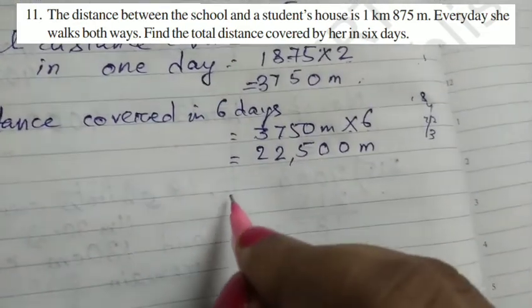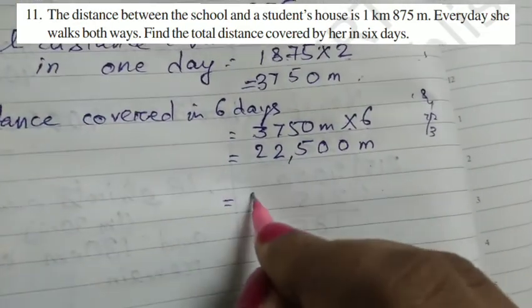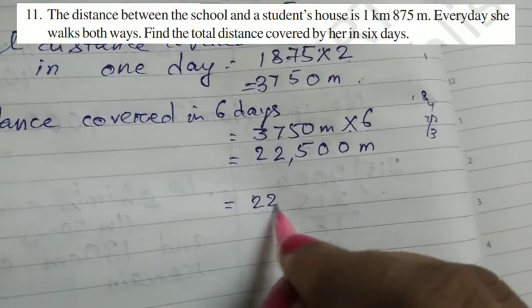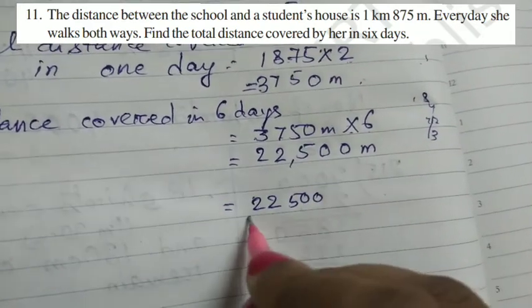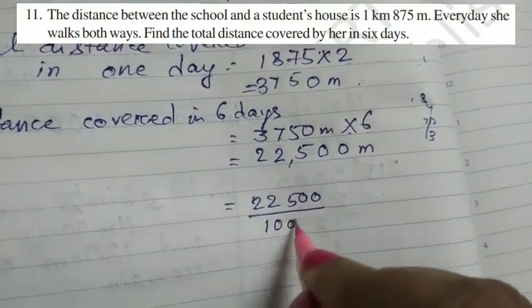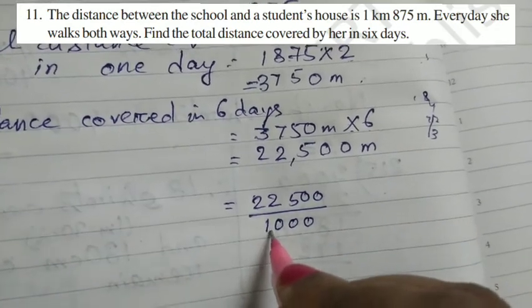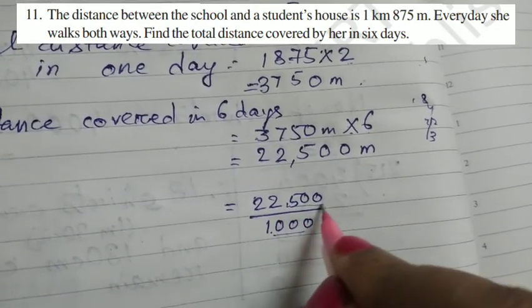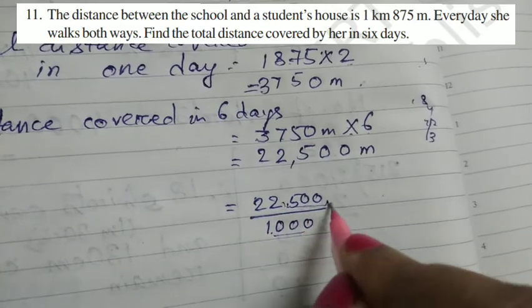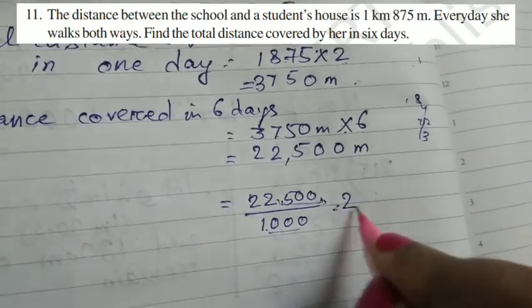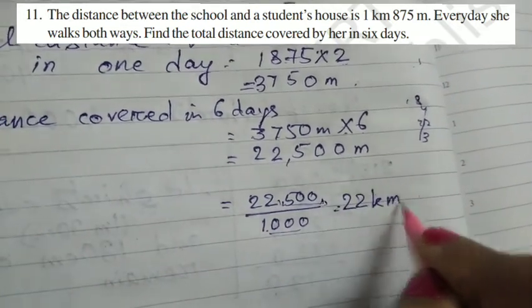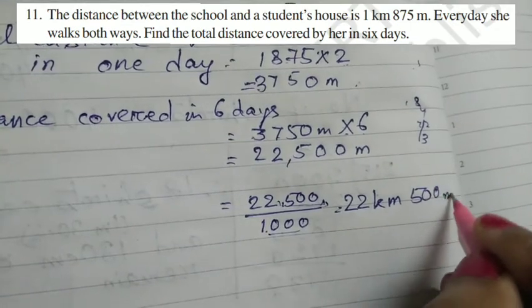So this is equal to, if I have to convert it into kilometers, what will I do? I will divide it by 1000. So that means in front of 3 digits, I will put the kilometer. 22 kilometer 500 meters.